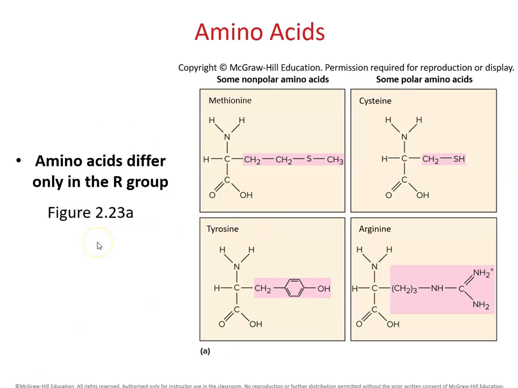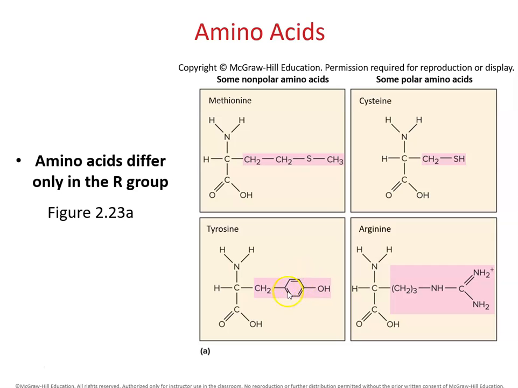And there are more than 20 different R groups. So here is one R group attached to the carbon here, central carbon, carboxyl group, amino group, hydrogen, R group. And this particular chain in that fourth place makes an amino acid called methionine. When we have a different chain over here in the fourth spot on the carbon, we have an amino acid called cysteine.